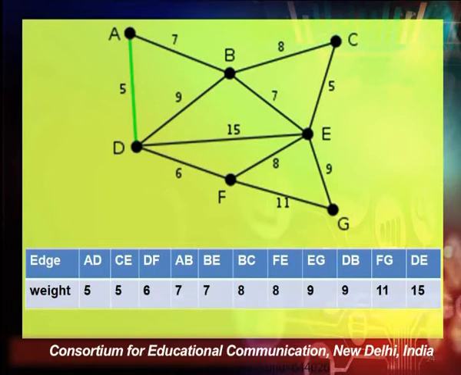Now coming to BC. BC has its weight as 8, and it shares a common vertex with the edge CE. So yes, BC we can safely include, because with the edges DF, AD, AB and CE, including BC is not going to result in any cycles.